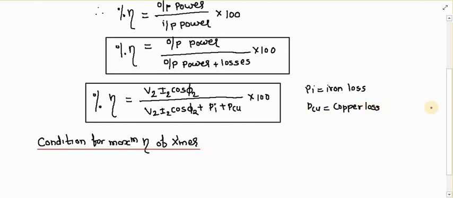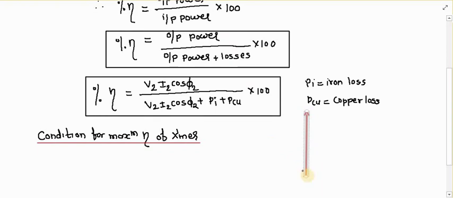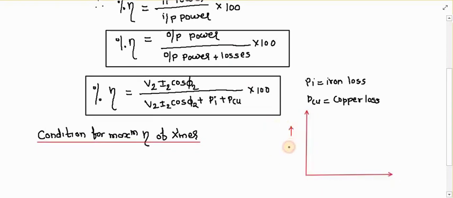The efficiency of the transformer depends on the load condition, right? So on no load the efficiency is 0 because there is no current flowing through the secondary side. But as we connect the load and increase the load, the efficiency rises until it reaches the maximum value. So let us draw the graph. On this side is your efficiency, and on this side is your load in kilowatt.